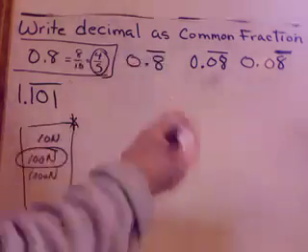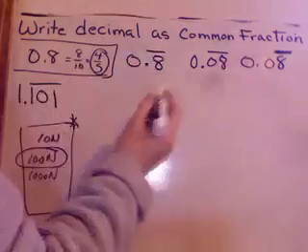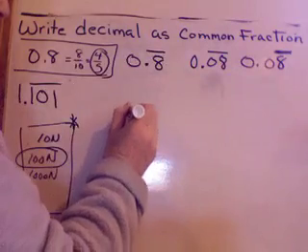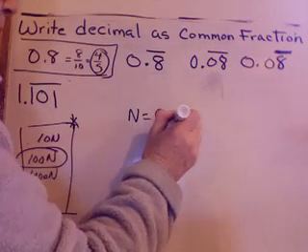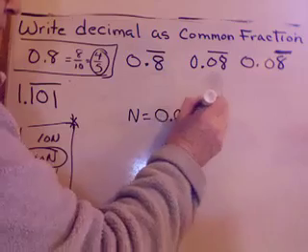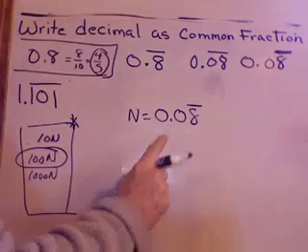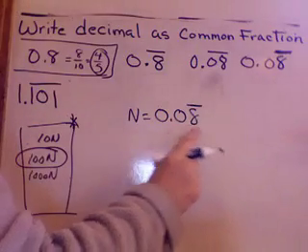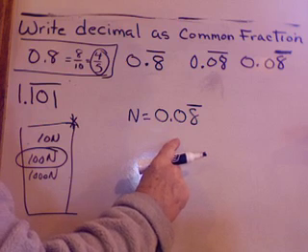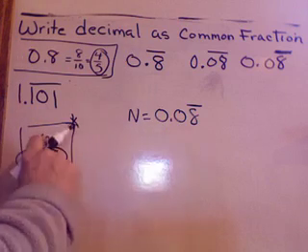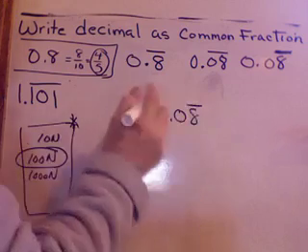All right, let's follow with a few more examples. How about this one, 0.08 with just the 8 repeating? So n equals 0.08 repeating. Do I do 100n because it's 2 places after the decimal point? No. I do 10n because 1 place repeats.